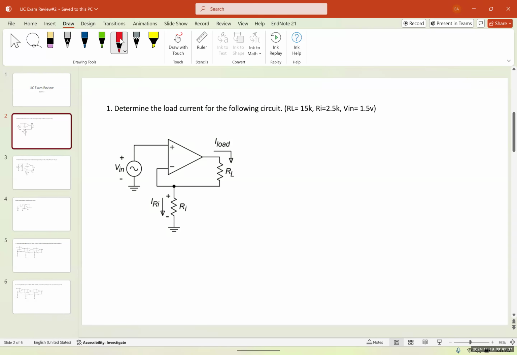Just remember the principles of an ideal op-amp. For an ideal op-amp, the input current is always equal to 0, and V positive is equal to V negative.